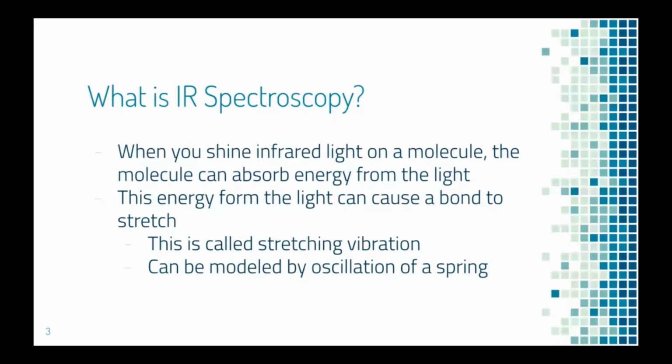This is called a stretching vibration, and it can be modeled by the oscillation of a spring. That's an analogy I'll bring up a couple times throughout this presentation. By visualizing a bond as a spring, you'll be able to understand these concepts a little more. So I would recommend trying to visualize that while we go through these slides.